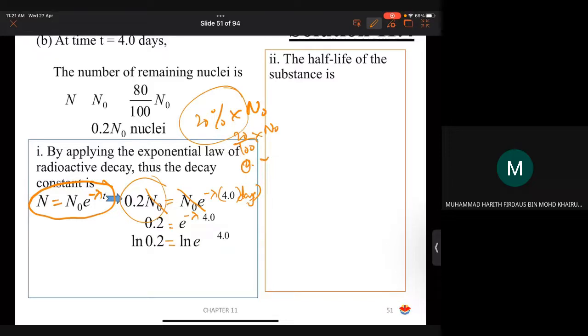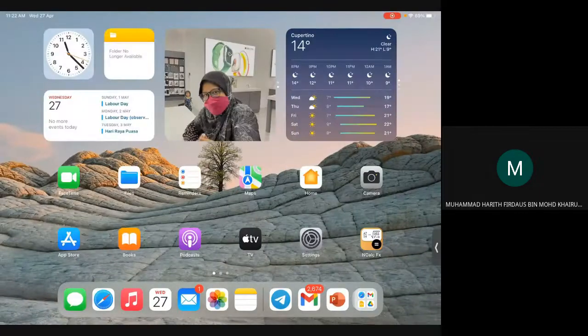Dapat ln 0.2, ln E yang depan ni boleh bawa turun ke bawah, so you akan dapat negative lambda kali ln E. Ln E sama dengan 1. So you nak dapatkan lambda. Tekan calculator ln 0.2, rasa dapat negatif.